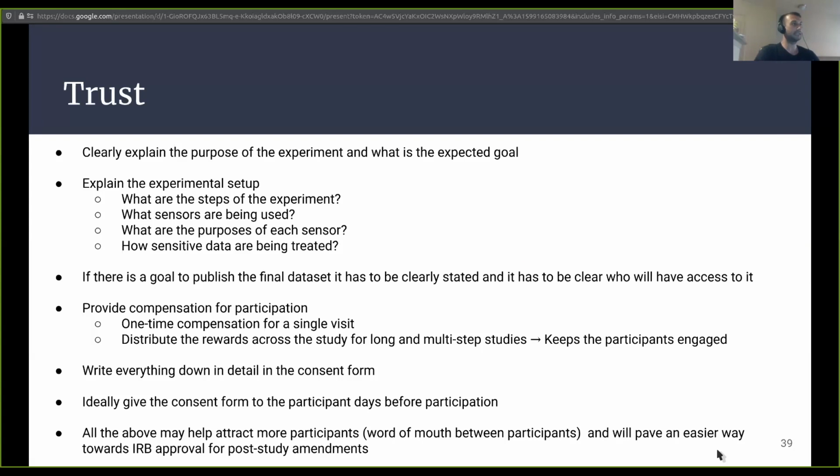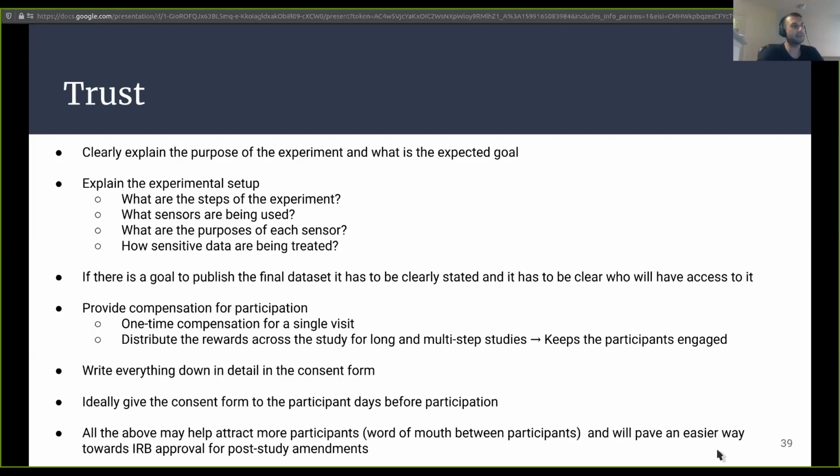Last but not least is building trust with the participants we have. This is one of the major problems, in the sense that finding participants in the first place in human subject studies is a big deal, and it can be very difficult.